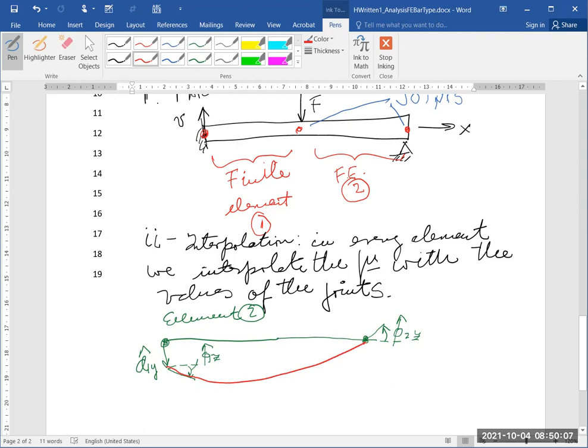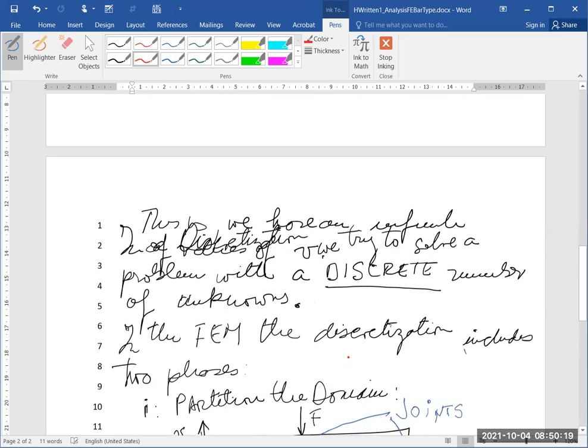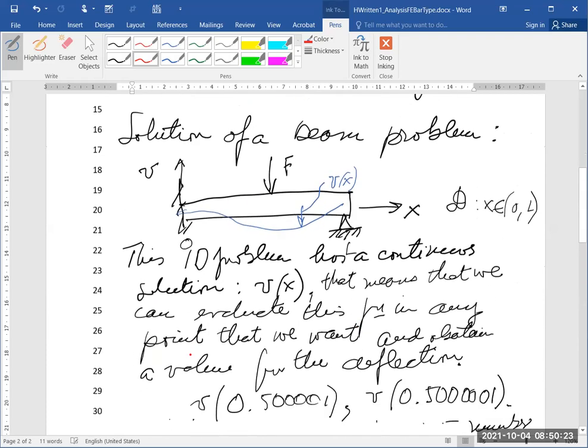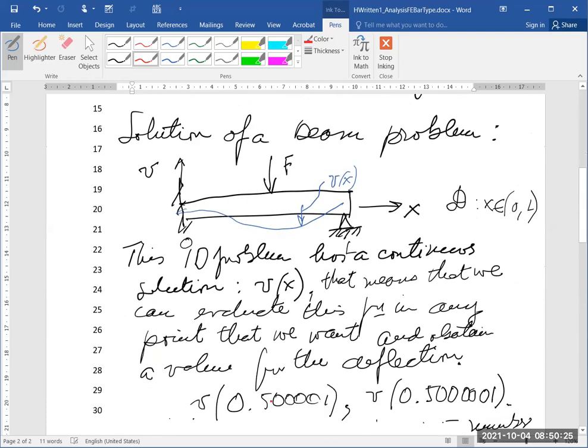There. So this function is an approximation. Remember, let me go back. If we solve this problem, we find this V. Okay? This V is exact.